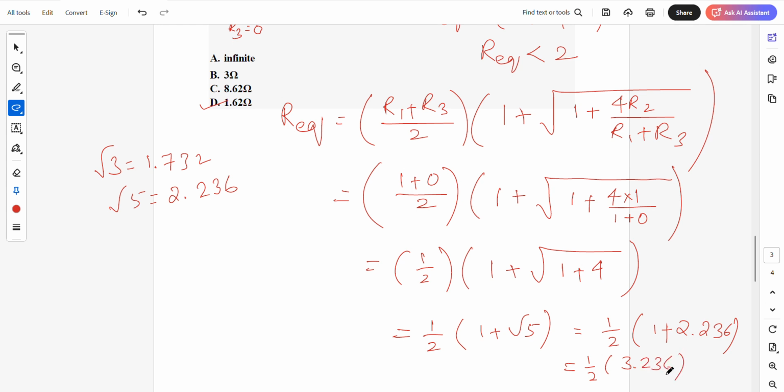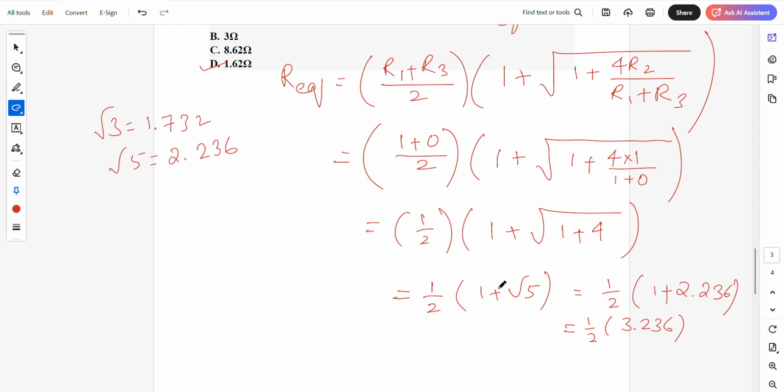3.236. Now if you divide, how much are we going to get? Approximately you are going to get 1.6 ohm only. Okay, 1.6 ohm is the answer.